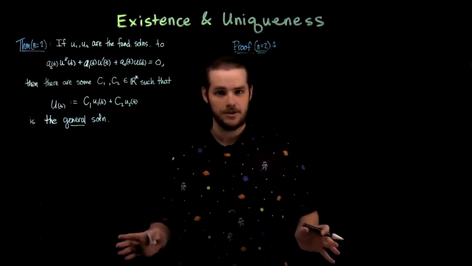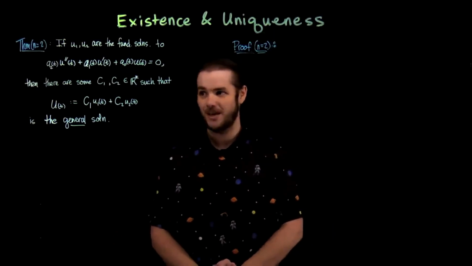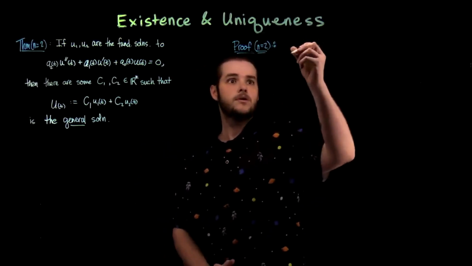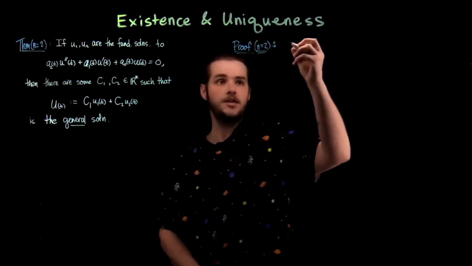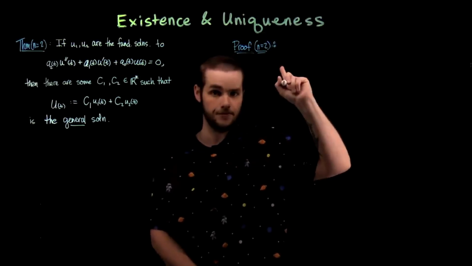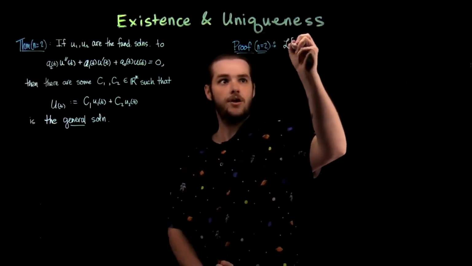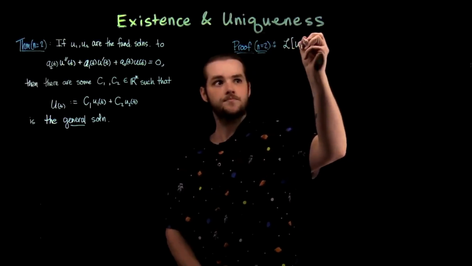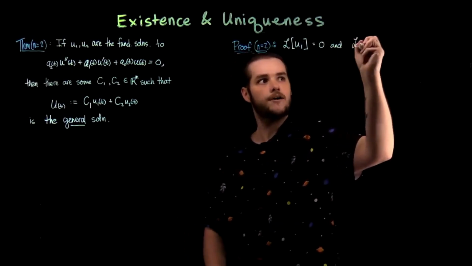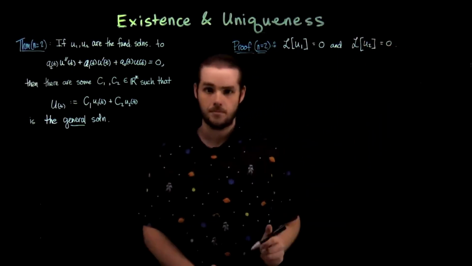All right, first things first, I am going to extrapolate what the information from our assumptions tells us. So, the fact that U1 and U2 are fundamental solutions tells us two things. First of all, they're solutions, right? So it tells me that L of U1 is 0 and L of U2 is 0.